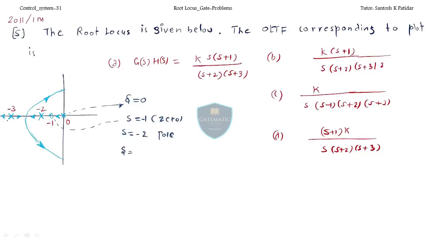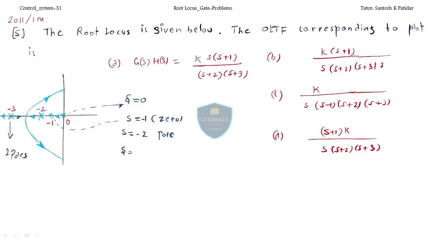Over 3, how many branches are going outside from this point? See, one is this side, one is this side. What it means? It means here I have 2 poles, isn't it? If you have only 1 pole over here, we know from the pole the branch will go outside. But here two branches are leaving the same pole. What it means? It indicates over here two poles. This is the GATE problem. They are giving like this.